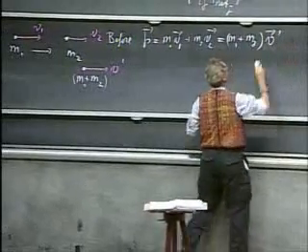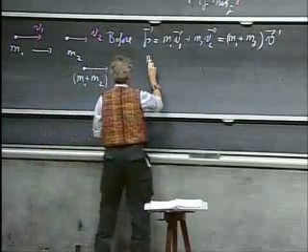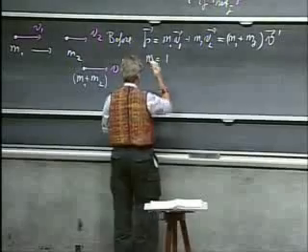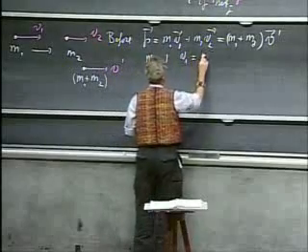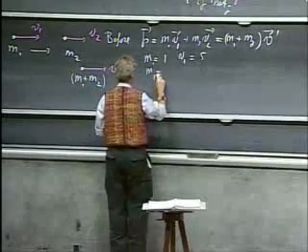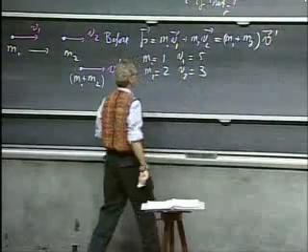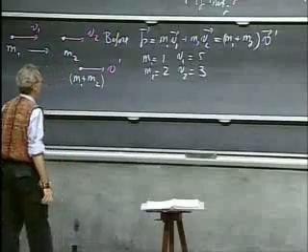v prime. And so if we put in some numbers, suppose m1 equals 1 kilogram, and v1 is 5 meters per second. Let m2 be 2 kilograms, and let v2 be 3 meters per second.